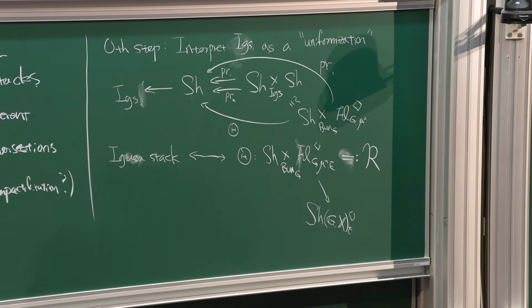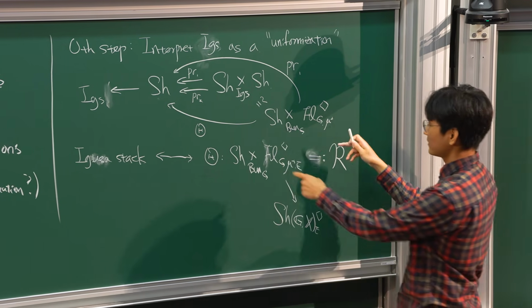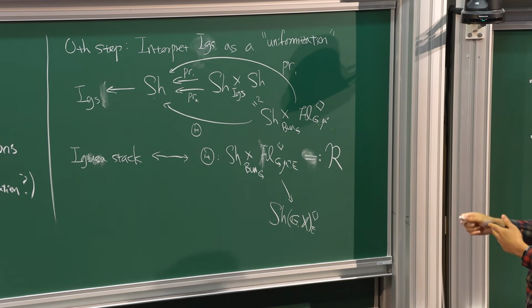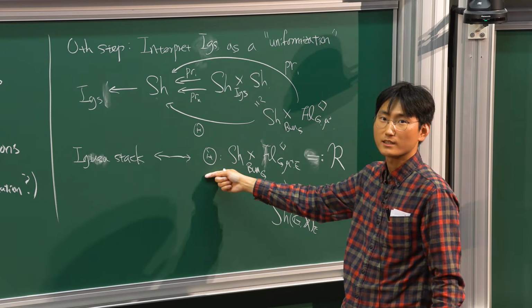But there is also a composition law for R on this relation, which is important for the stack. So it turns out that if I look at a map theta from here to here, the composition law can also be expressed in terms of theta.